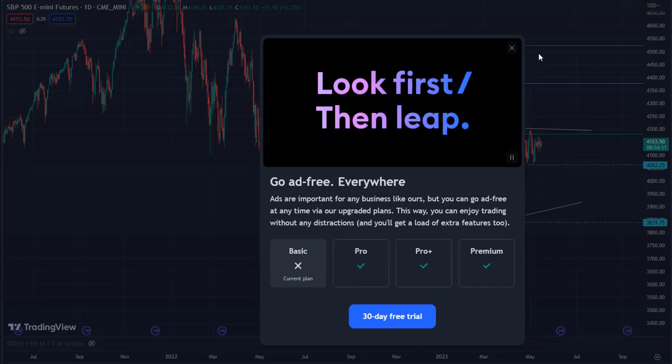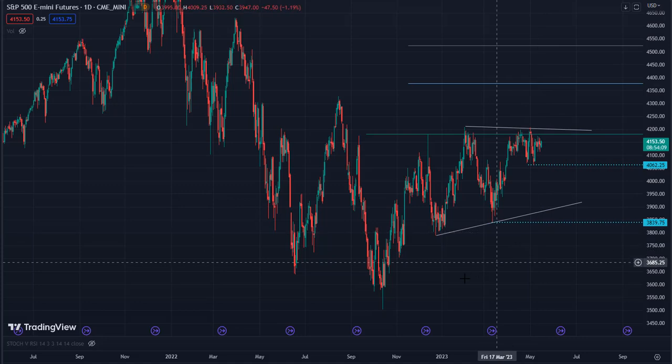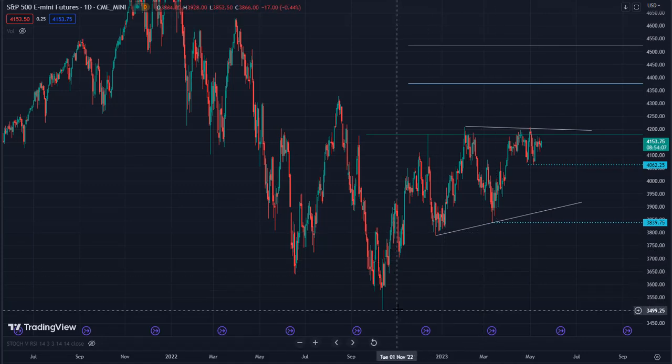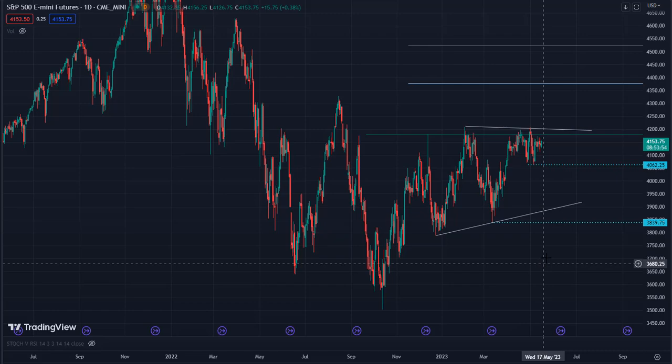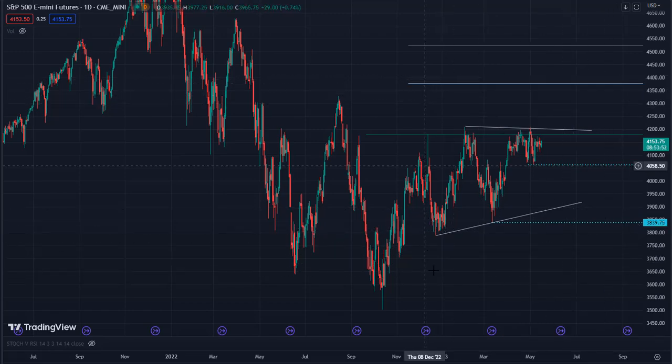So you can see all scenarios eventually lead to a lower low. However, they do it in different trajectories. So certain movements will happen faster, other movements will happen slower. And right now it's just a question of which one is playing out.